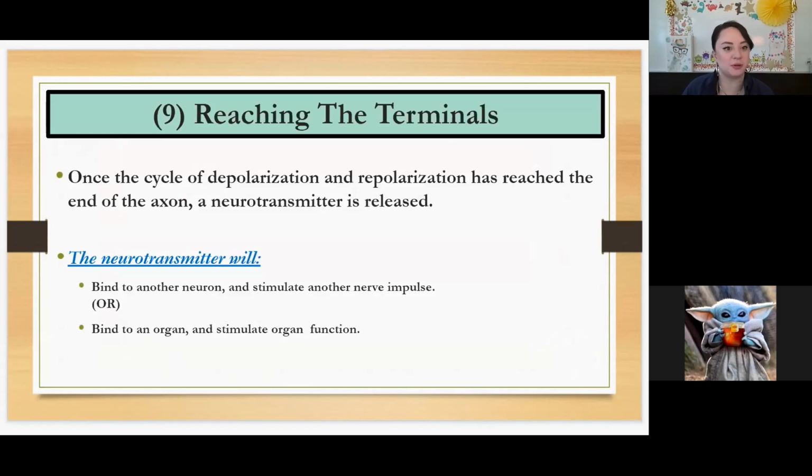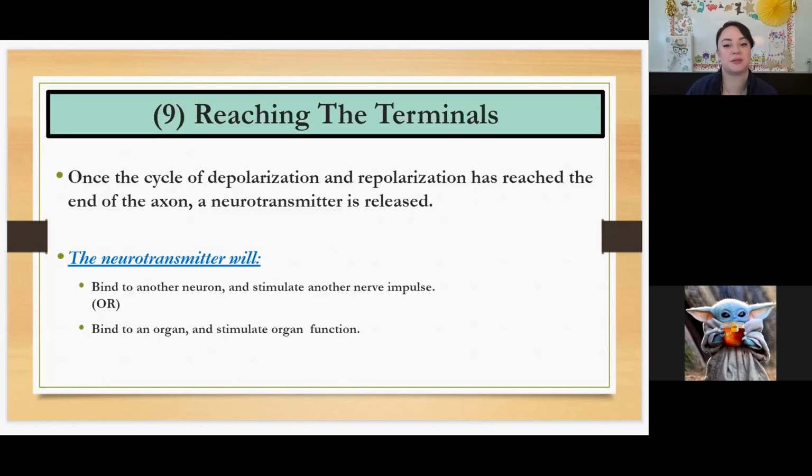Now, once depolarization and repolarization reaches the end of the axon terminals, a neurotransmitter will be released. Neurotransmitters, again, are very specific to body parts and what they are used for. Some, like Cassie mentioned, are used to stimulate emotional memories and responses. Some are used to stimulate digestion or muscle contractions. It just depends on what response the body requires.